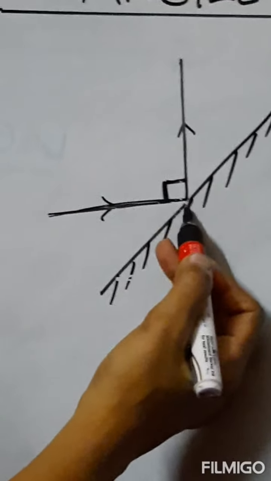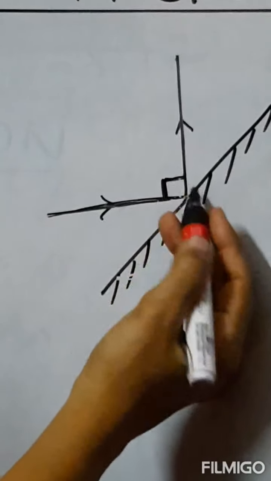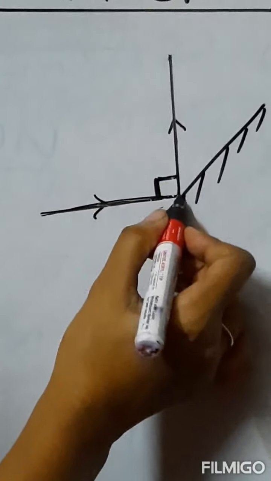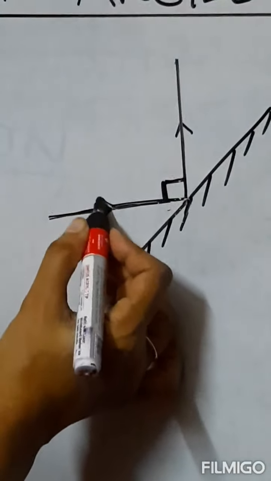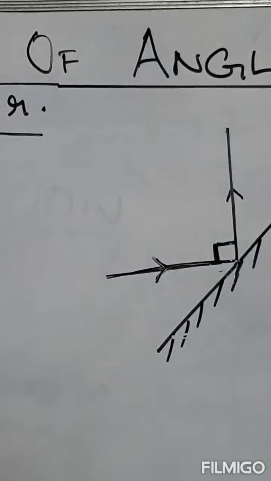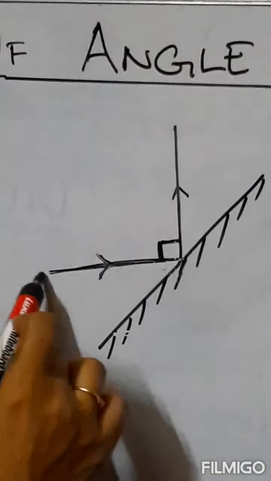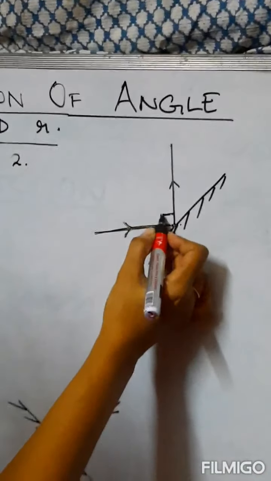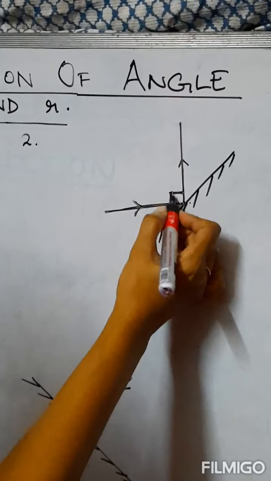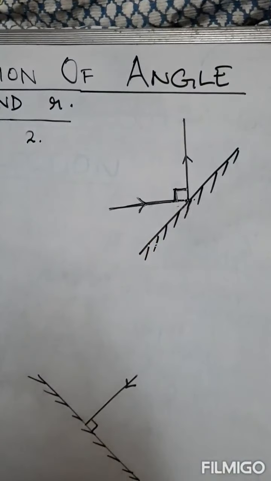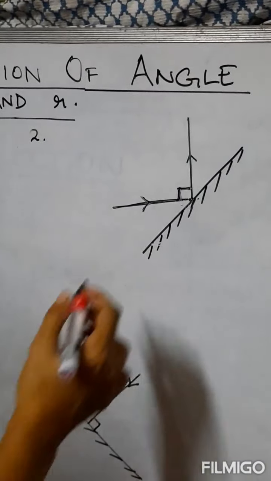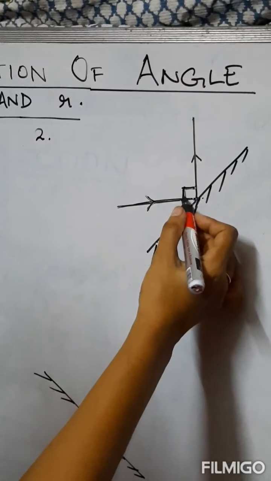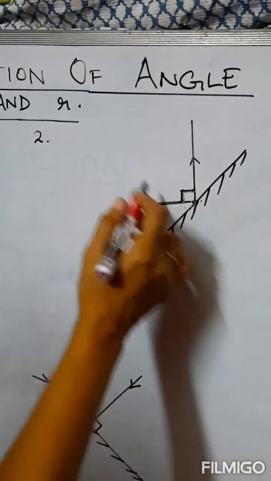In this case, we find that the angle between the incident ray, again you look at the arrowhead, you will understand which is the incident ray, and the reflected ray is given a sign, and this sign means it's 90 degree. So the angle between incident ray and the reflected ray is 90 degree.